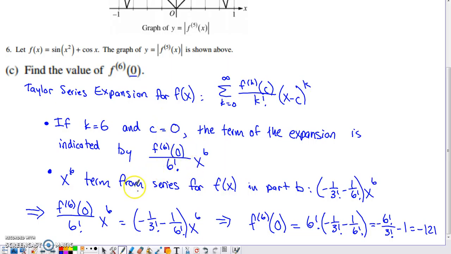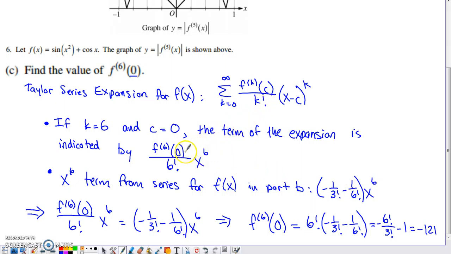Well, if our series is based at 0, as the series we wrote out in part B was, what we know from part B, skipping to the second bullet point right here, is that the term that had the 6th power on it had a coefficient of that ugly combination of those two fractions involving the factorials that we discussed a minute or so back.